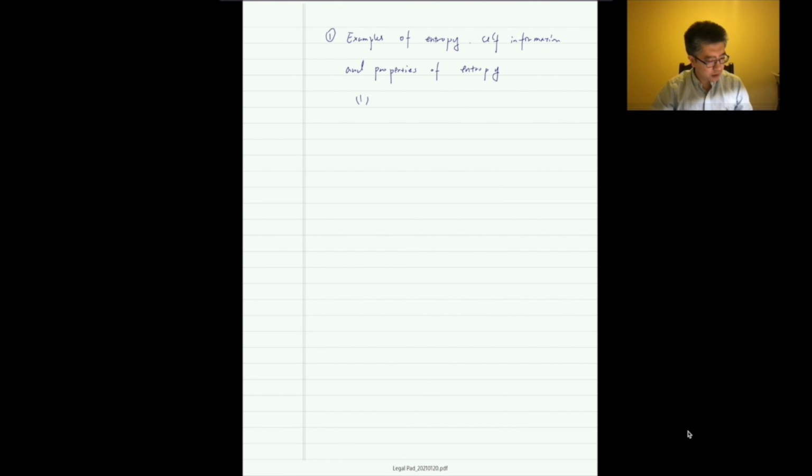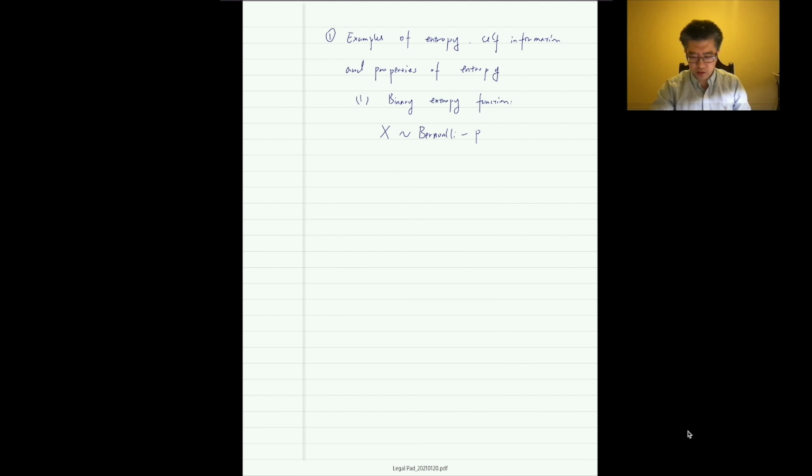Let's consider a binary entropy function. That is the simplest example, and you can also find this example in the book. We consider a random variable X that follows a Bernoulli distribution. If you have taken 3530, then you must know this distribution.